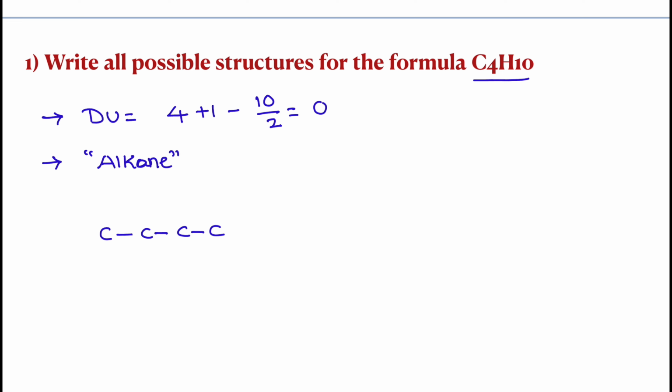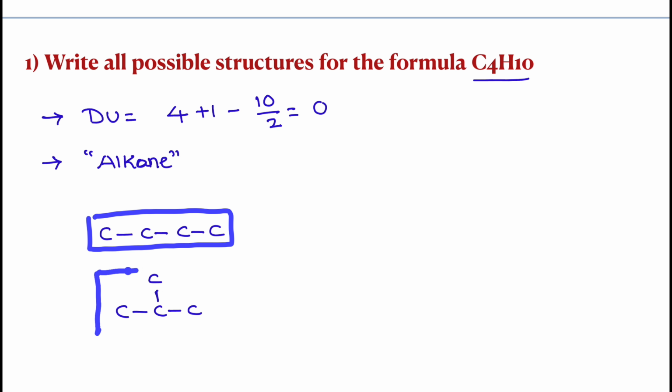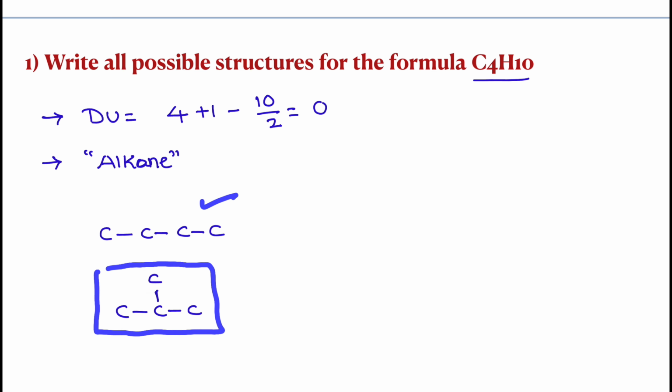Then I will write the 3 carbon chain. The 3 carbon chain I'll be writing like this. So these are the two possible isomers, two possible structures of C4H10. One is n-butane and another one is isobutane. So one is butane, another one is 2-methyl propane. So these are the structures for the formula C4H10.